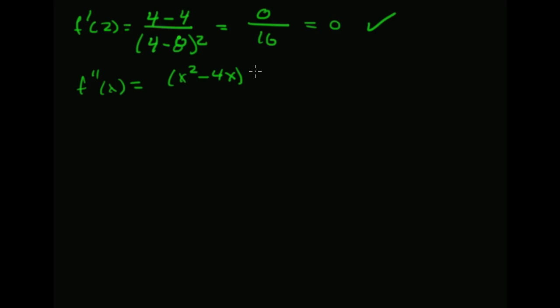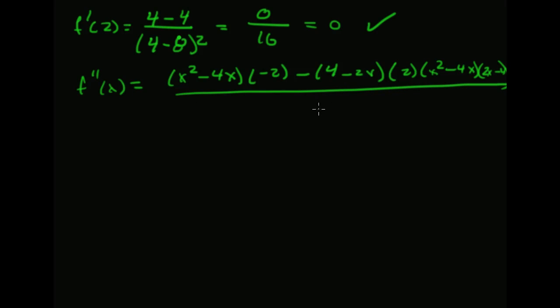So the derivative of the numerator is just going to be negative 2 minus high, which is 4 minus 2x, d low, which is going to give me 2 times x squared minus 4x times the derivative of the inside, which is 2x minus 4, all over low squared. So this is going to be x squared minus 4x, and it's squared squared, so it's to the 4th.